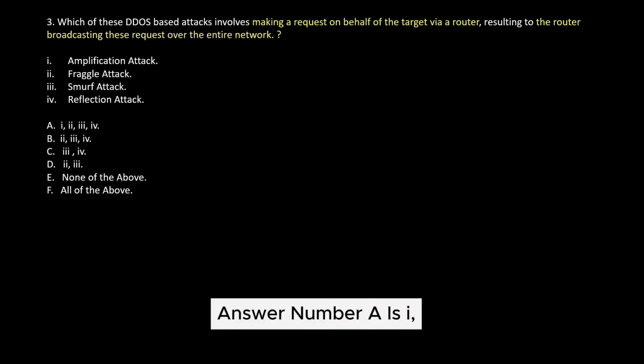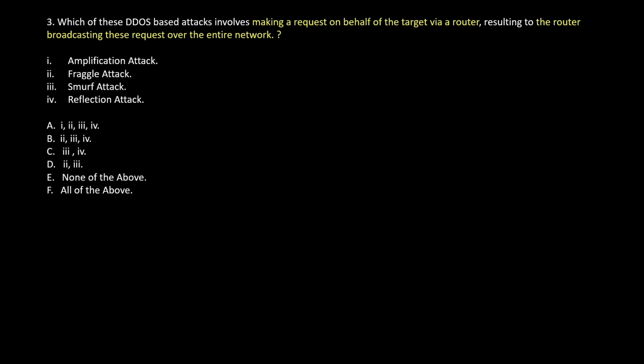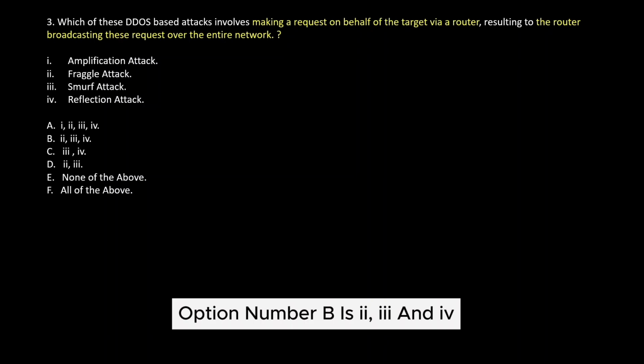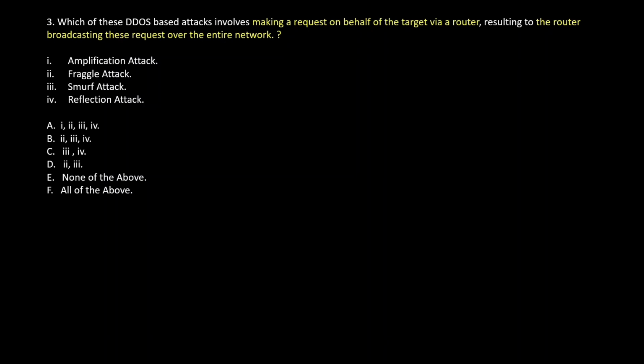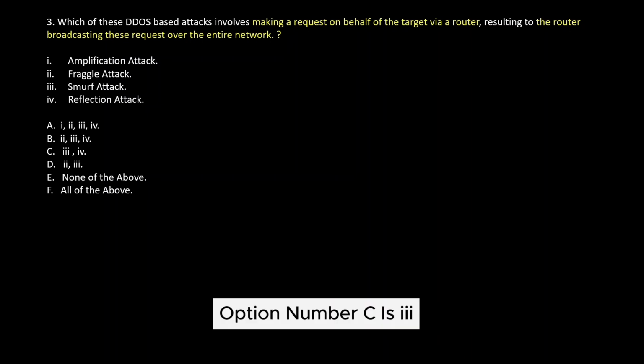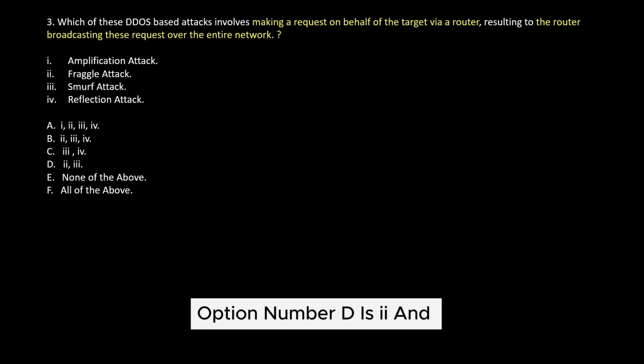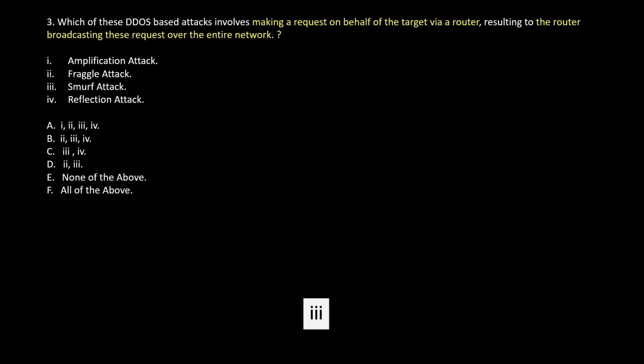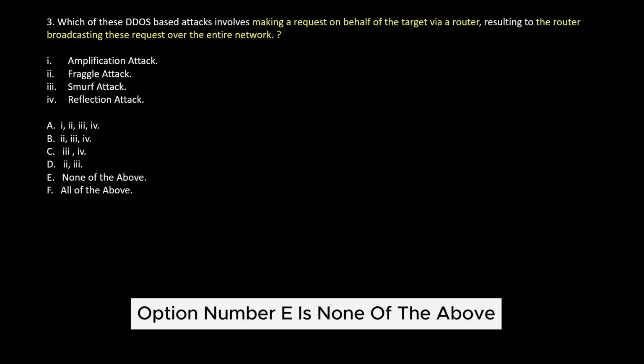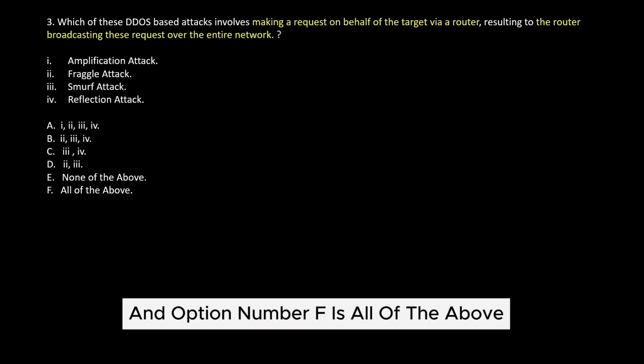Answer A is III and IV. Option B is II and IV. Option C is III and IV. Option D is II and III. Option E is none of the above. And option F is all of the above.